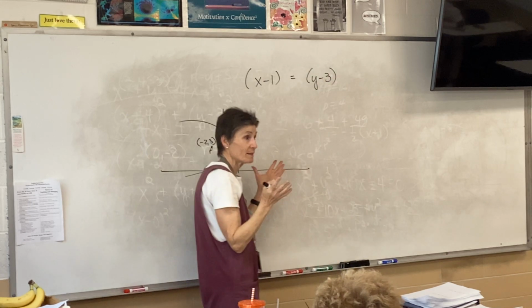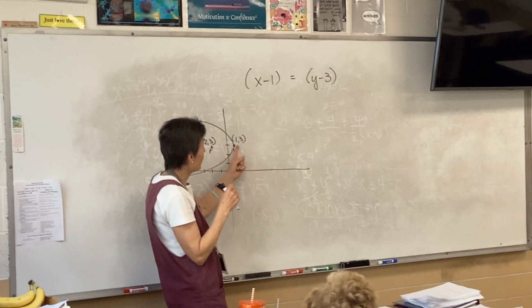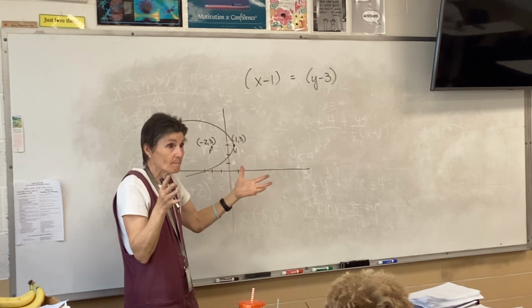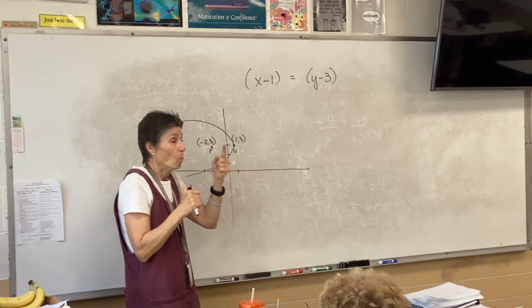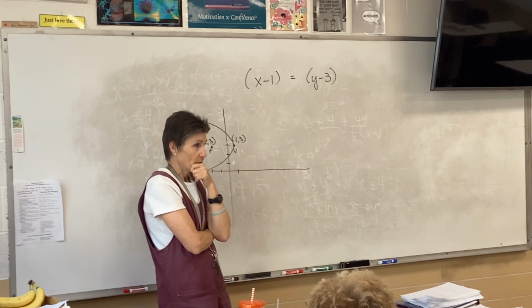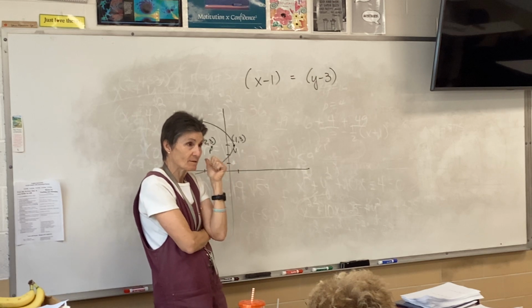Would everybody agree with that? If my vertex is 1, 3, isn't that what I have to have in my parentheses? Now, one of those parentheses is squared. Work backwards, think about your rules. You've told me it's opening to the left.